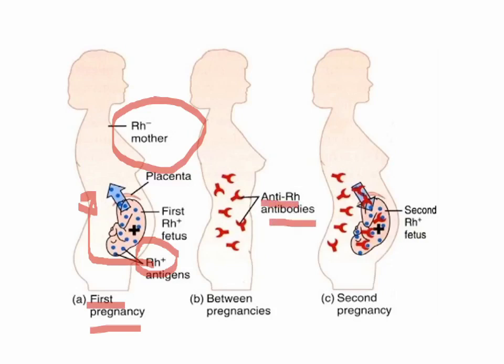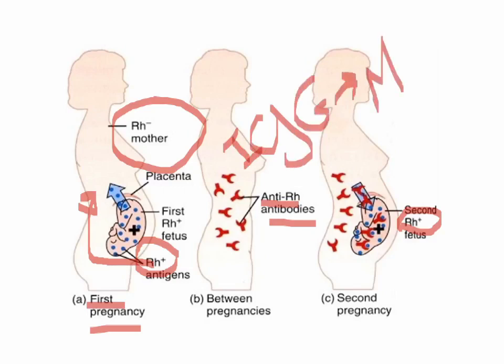So during the second pregnancy, when the Rh negative mother is pregnant with an Rh positive fetus, what will happen? As we have said, the anti-Rh antibodies are of the IgG type, right? And we said that this is a monomer antibody, so it is of a small size and it can cross the placenta.